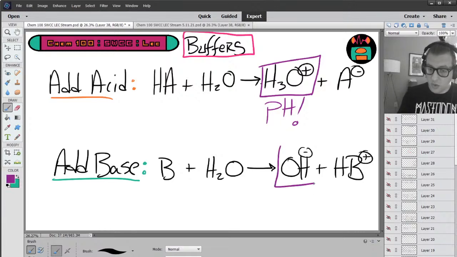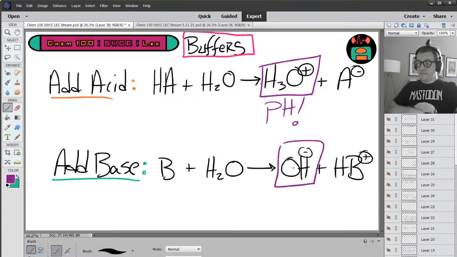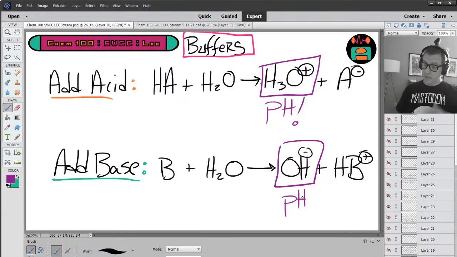If you add hydroxide to your solution, that is going to affect the pH because hydroxide is part of Kw, the self-ionization of water. So adding acid changes the pH by increasing the amount of hydronium. Adding base changes the pH, increasing the concentration of hydroxide. All right?